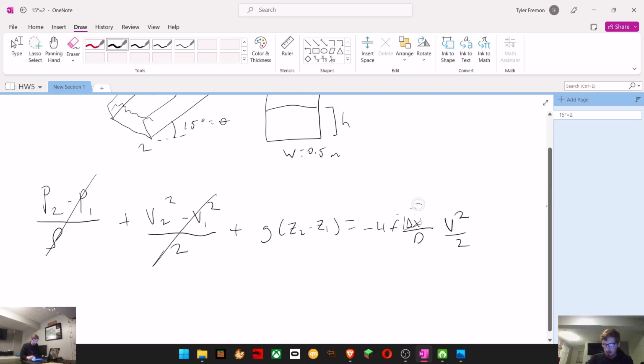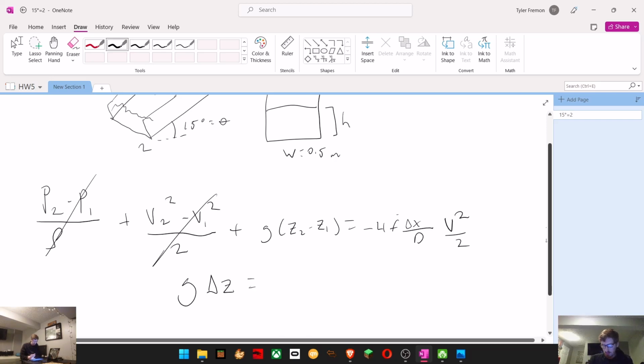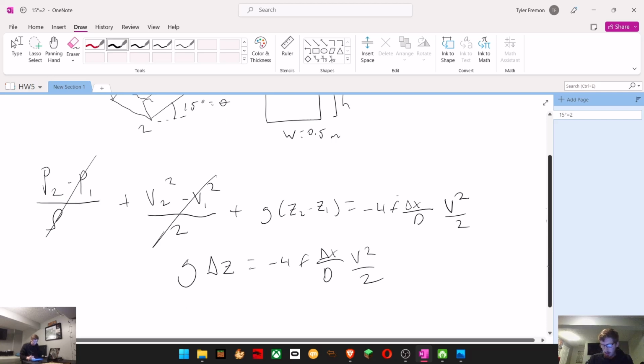So I don't know why this isn't erasing. There we go. If we're able to express it in terms of delta x, we can cancel them out. So on the left-hand side, we're going to have g times delta z equal to negative 4f delta x over d times v squared over 2.